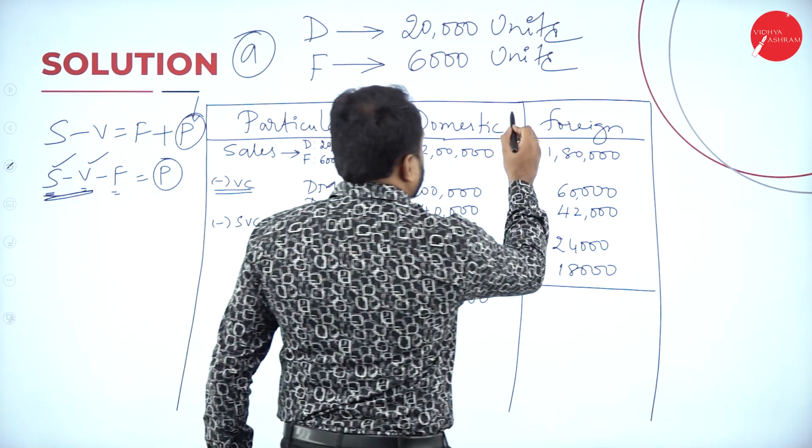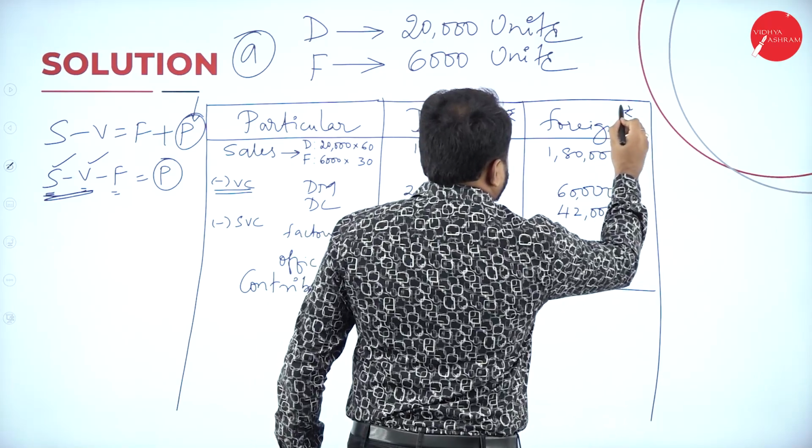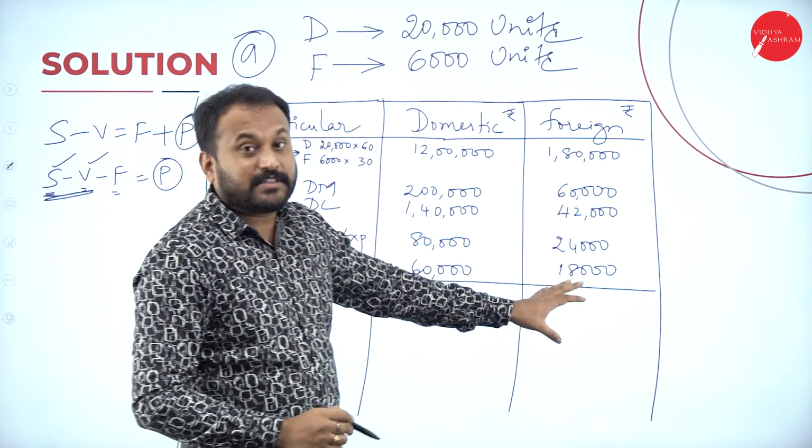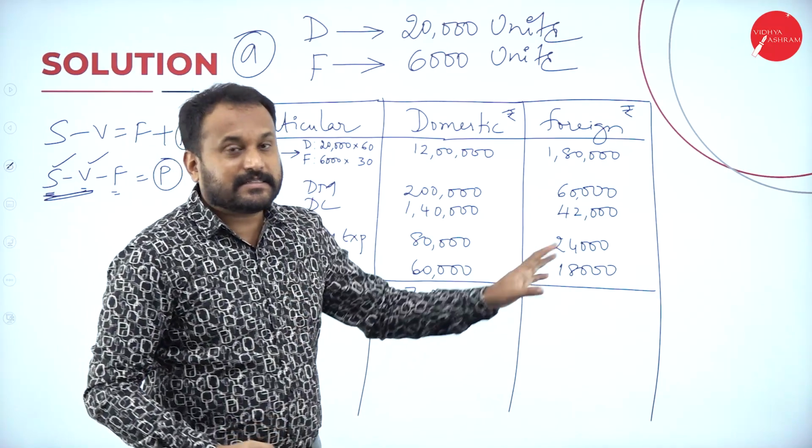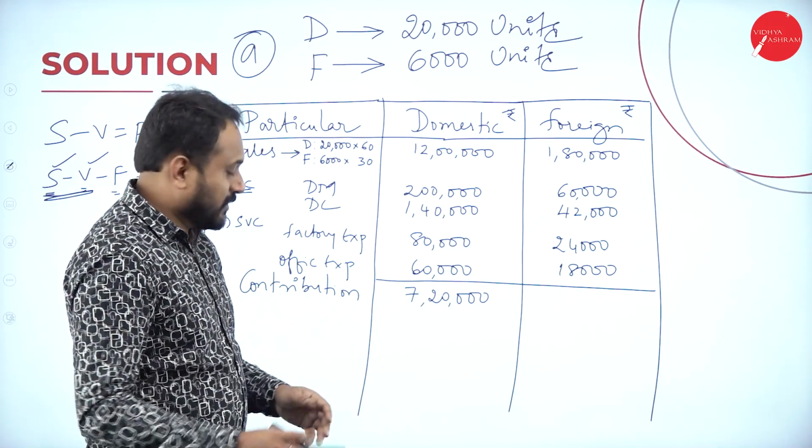Now here, both ways you are supposed to write the rupees symbol. See, even in the foreign also it is rupees. Though it is Australia, they are asking for only 30 rupees as a selling price. So again, everything is rupees.